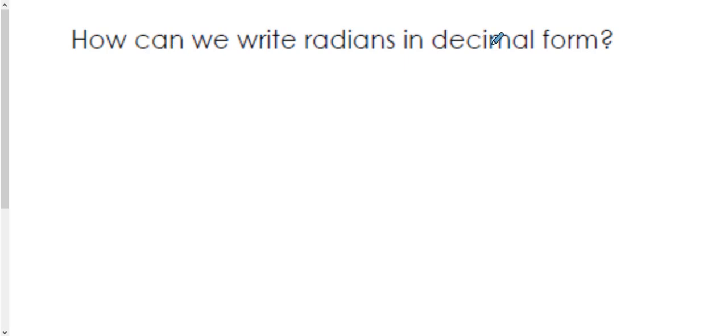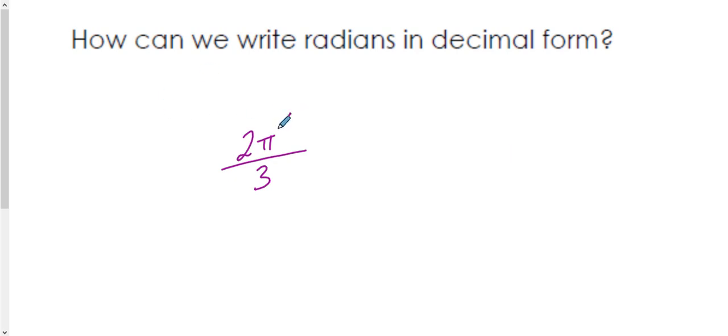So how can we write radians in decimal form? Guys, I want you to look at what we were just looking at, 2 pi over 3. It's very simple to figure out how to write this in decimal form. Do you see a number on the screen or a symbol that we can rewrite as a decimal? And the answer, of course, is yes.